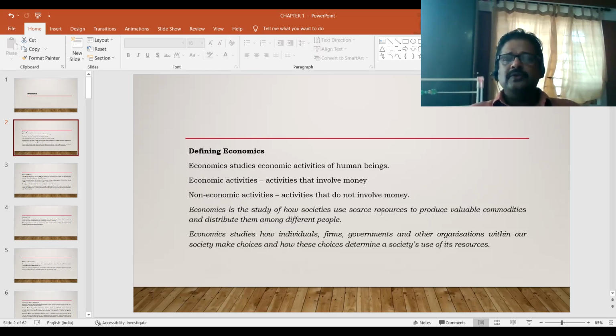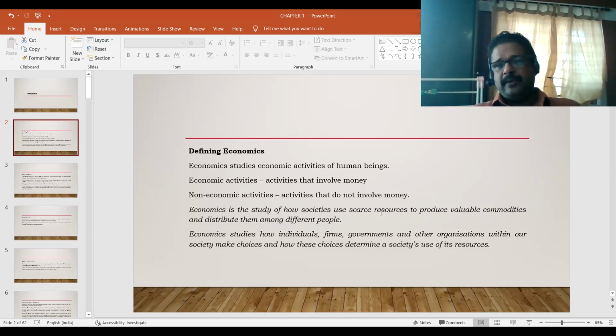The natural resources are scarce, the human resources are not scarce, but the capital resources are scarce. The societies use these scarce resources to produce valuable commodities and distribute them among different people.